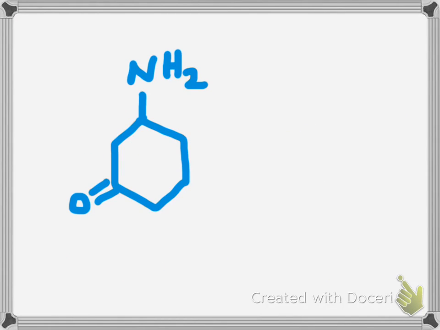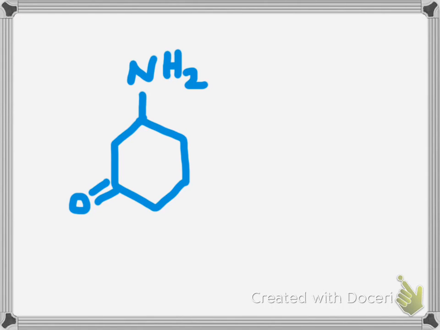So let's try one final example here. I'll give you a moment in order to name it yourself. If you would like to, you should pause the video, attempt to name this compound, and then hit play again to see if you were correct. So the parent compound would be a cyclohexane group.